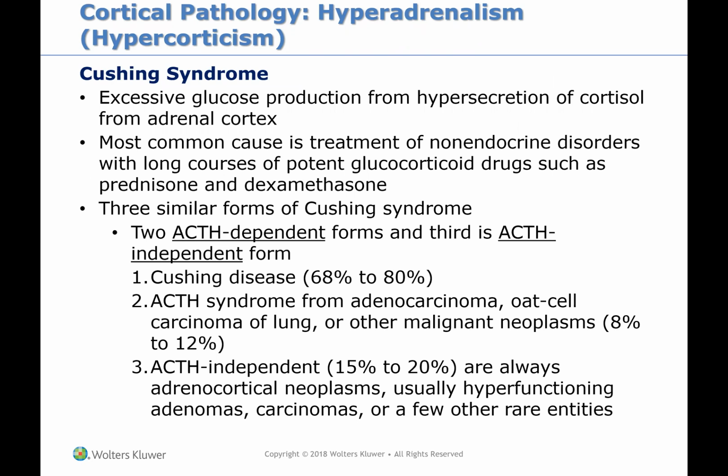Cushing syndrome is excessive glucose production from hypersecretion of cortisol from the adrenal cortex. It's most commonly caused by treatment of non-endocrine disorders with long courses of potent glucocorticoid drugs such as prednisone or dexamethasone. There are three similar forms of Cushing disease: two ACTH dependent forms, and a third ACTH independent form.